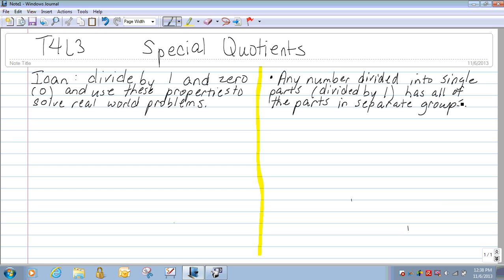So let's write that. It's called, and this is a star, important piece of information, it's called the identity property of multiplication.